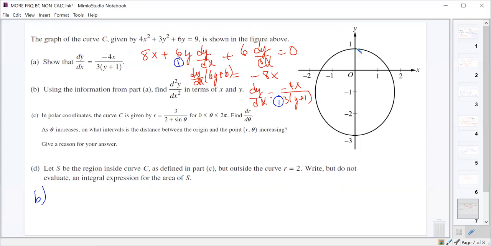I guess that's indicating that it's at 1. So I'd pick 0, 1 or 0, -3. I think this is probably easier. This is what they generally show in the scoring guidelines, just taking the derivative of both sides and getting to that derivative.